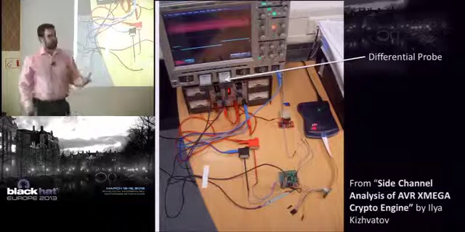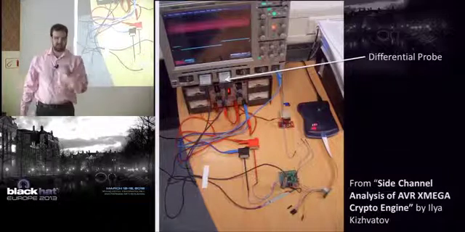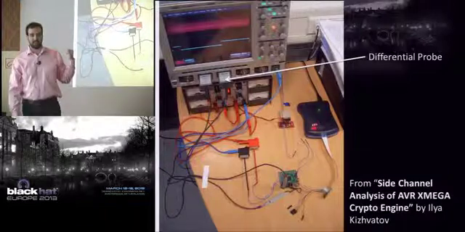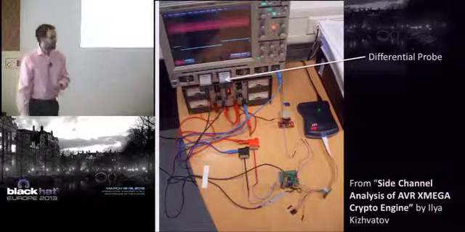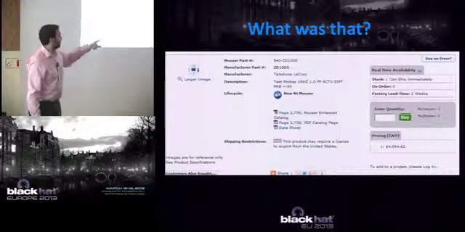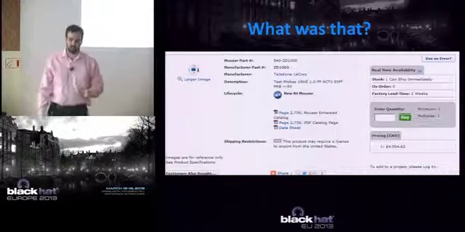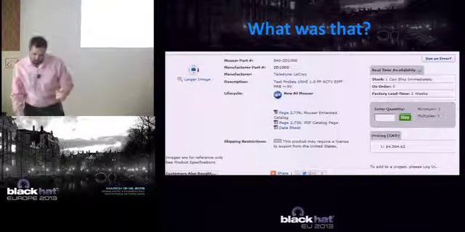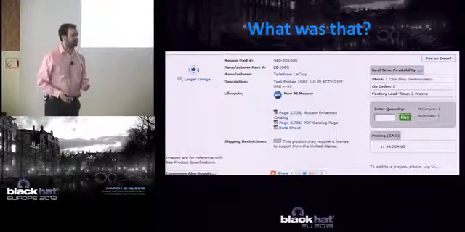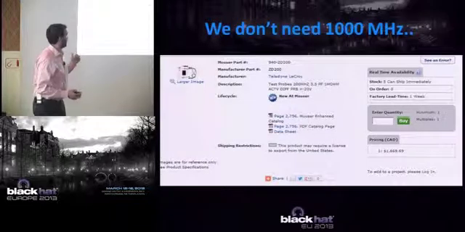So again, the point is, say you are interested in this, you say, I want to duplicate these results. Well, what's that differential probe he's using? I want to get something similar. And you look it up on Mouser, and that probe, just the probe, is $4,500. So, that's not that cheap, but that's good up to 1,000 megahertz.